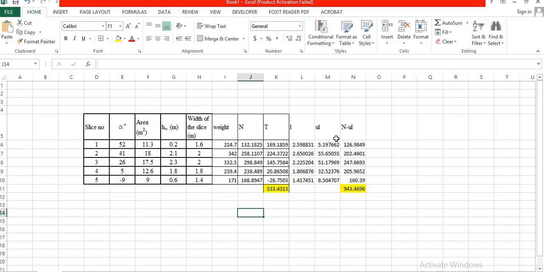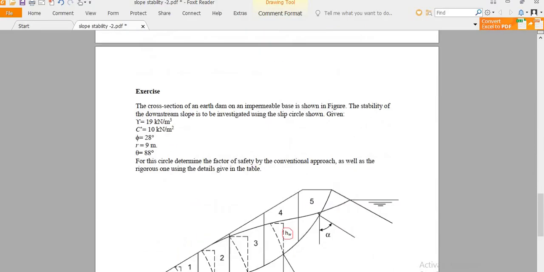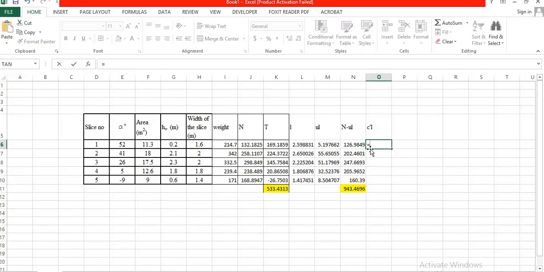So UL. Finally what we need is c dash L. So c dash L, what is the c dash value? c dash is given as 10. So 10 into L. So we need the sum again.